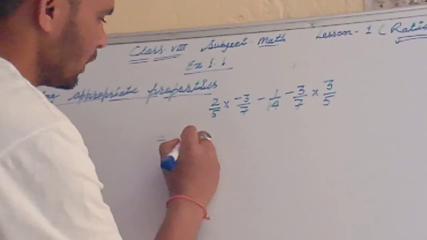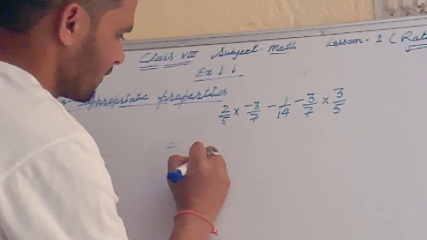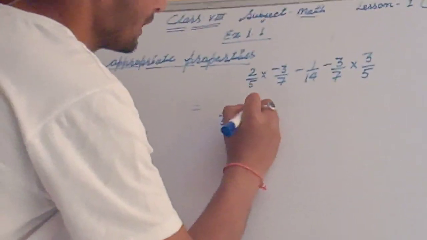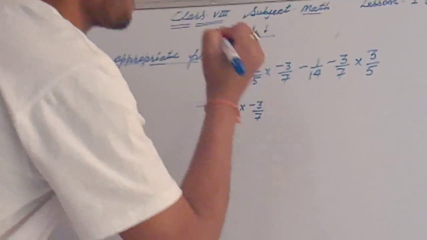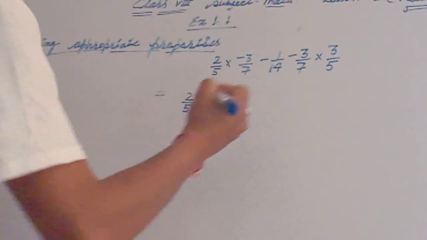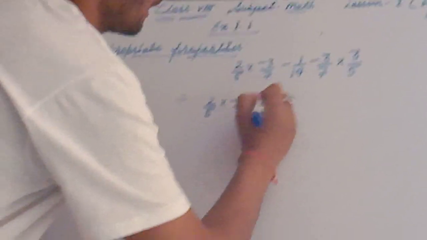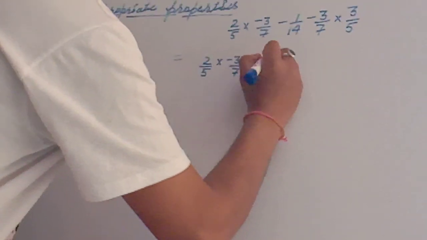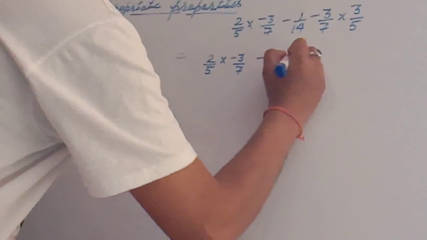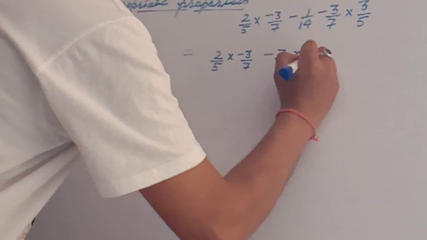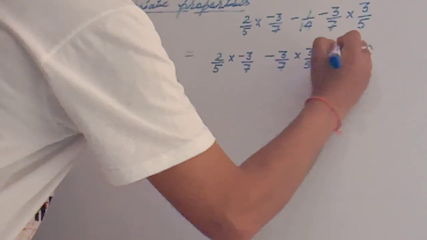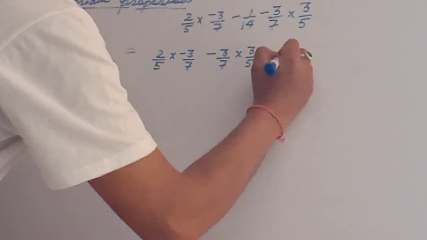First, 2 upon 5 into minus 3 upon 7. Look at this and interchange here. Then minus 3 upon 7 into 3 upon 5, minus 1 upon 14.